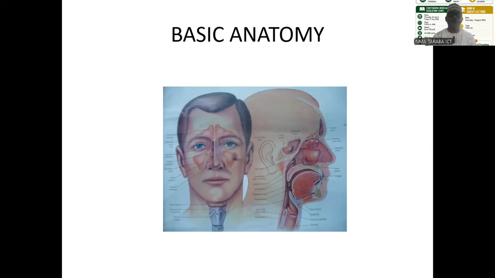And the ear: we have the pinna, the external ear, the middle ear, and the inner ear. All these are the otological structures, or ear structures, while the throat involves the oropharynx, the nasopharynx, the larynx, the trachea, and the esophagus. The neck involves all the visceral structures and other components of the anterior neck. So the emergencies that we are referring to are emergencies that can come up from these basic structures that I have mentioned.